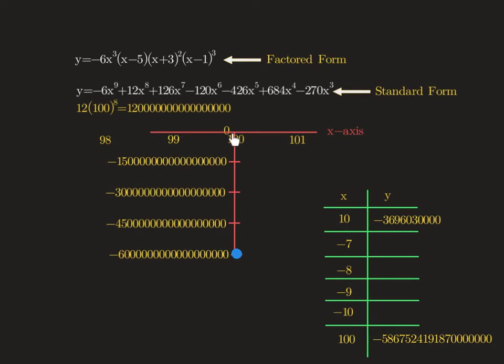So let's say this is 0 right here, and this is -6 quintillion. Well, the 120 quadrillion is only 1/50th of the way back up. We went down this much, and we only have to go 1/50th of the way back up. So you can see it just went up a tiny little bit, and that's 120 quadrillion.